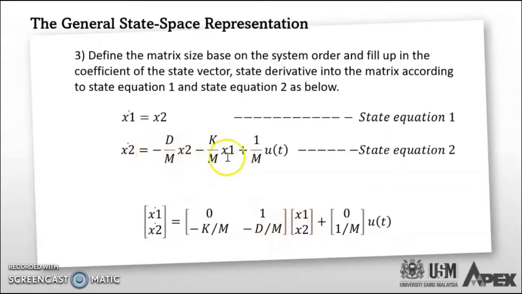So this is your matrix over here, and remember we have that input u(t), so we add, and for this one it's 0 over 1 over m, because it represents the equation down here, x2 dot, so it's the bottom one, not the top one.